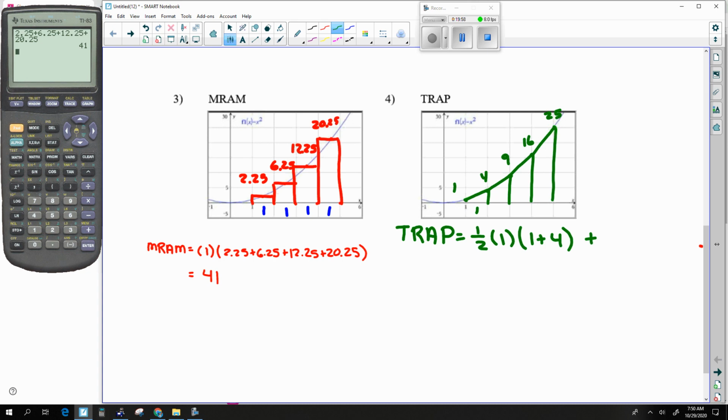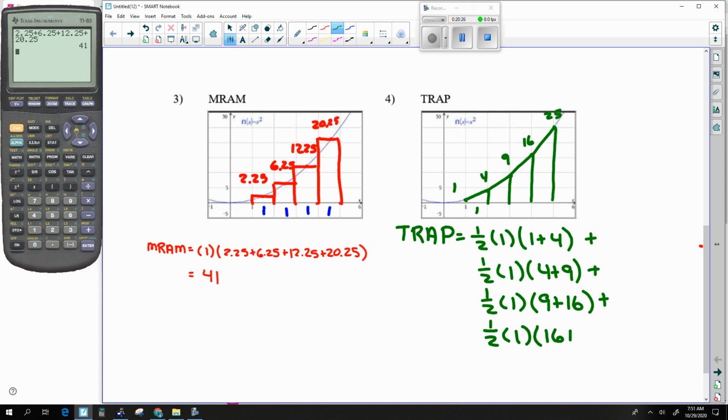Plus, the second trapezoid, again, 1/2 its height, base 1 plus base 2, 4 plus 9, plus. The third trapezoid, 1/2 height, base 1 plus base 2. And the last, 1/2, 1, base 1, base 2.